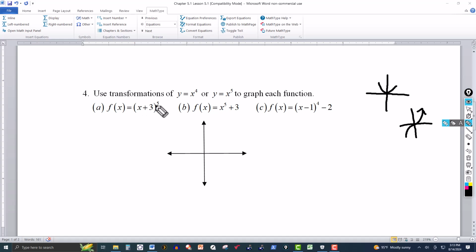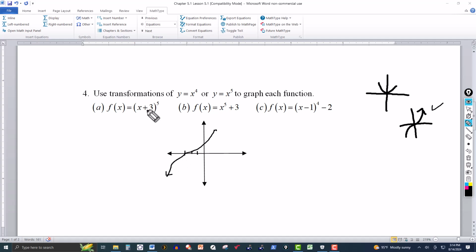x plus 3 to the fifth power, we refer to this one. When you have something like x plus 3 or x minus 3, we're going to have a transformation that takes the graph horizontally. So notice if I put a negative 3 right here, that gives me 0. So I'm going to get this kind of graph.